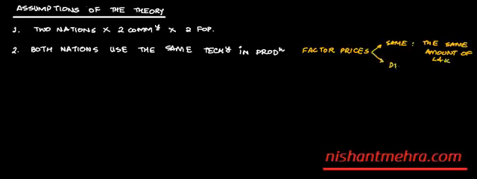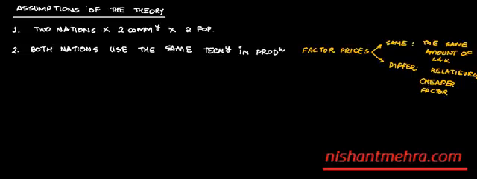But in case factor prices differ in both the nations, then of course each nation is going to use a relatively cheaper factor in the nation to minimize their cost of production, definitely.